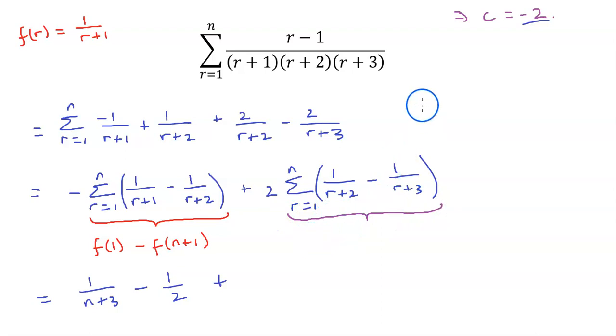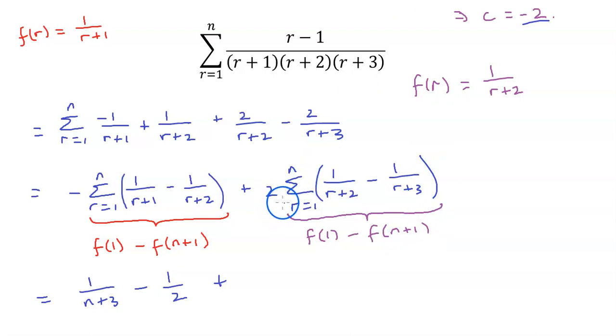Alright, so this one clearly has a function f of r, is equal to 1 divided by (r plus 2), and so this is equal to f of 1 minus f of (n plus 1).